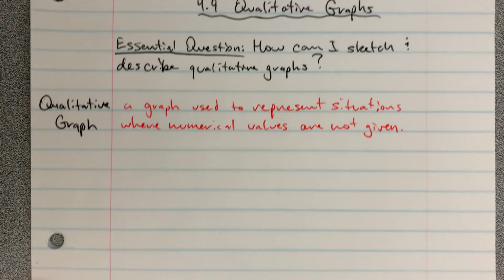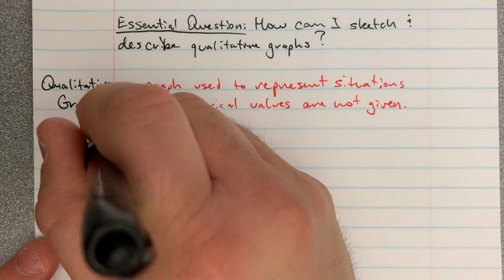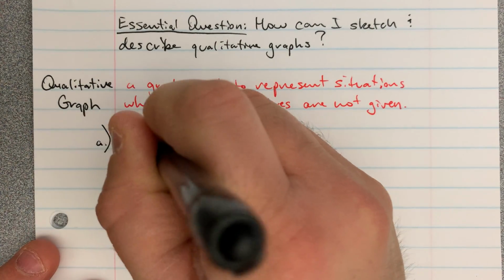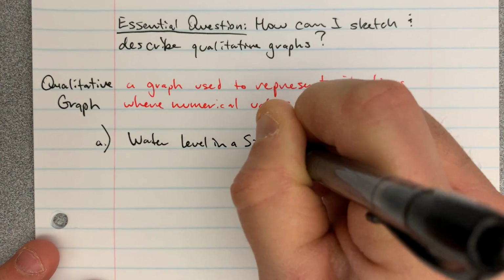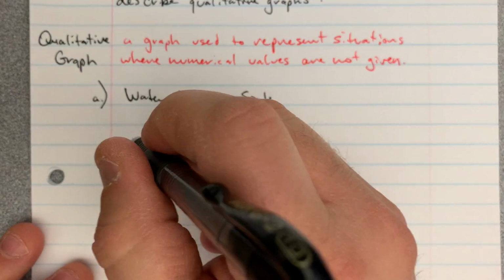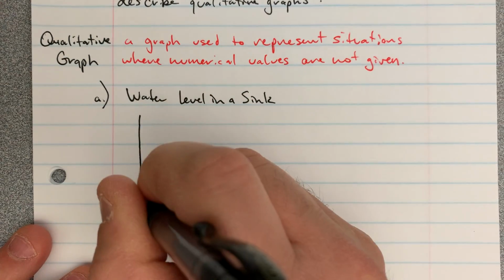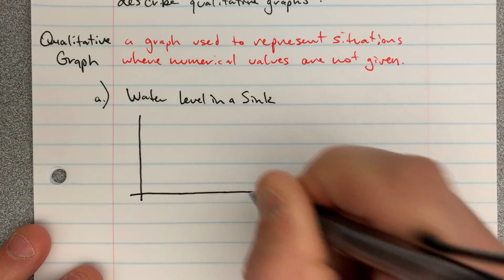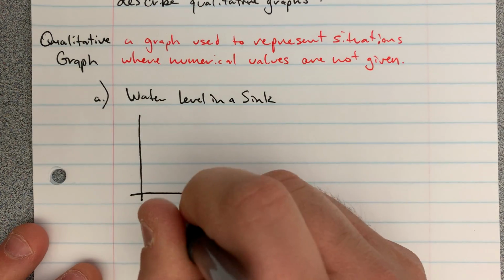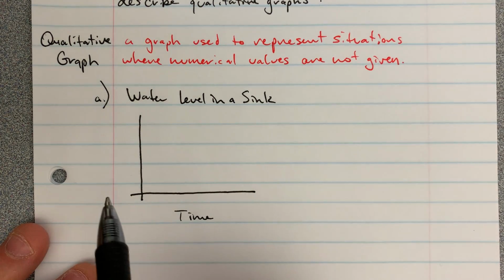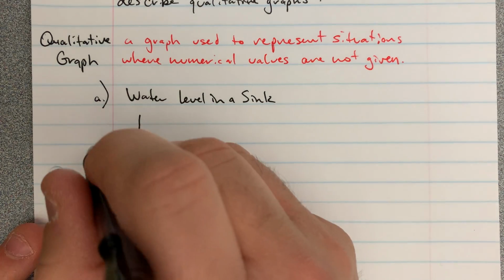Okay, so our first example here, let's just say it's water level in a sink. All right, so I'll give us our graph here. We're just going to be working with quadrant 1. We're going to say the bottom part is going to represent time, and then the left side is water level.